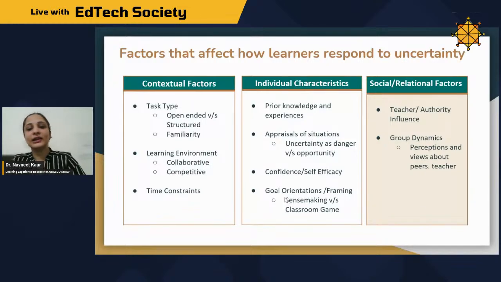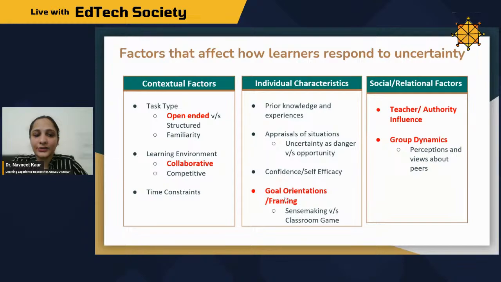So you'll see that how the learners are communicating, and how the different actors in a classroom, the teacher, their peers, how they are behaving and interacting, will have a huge impact on how they are managing uncertainties.